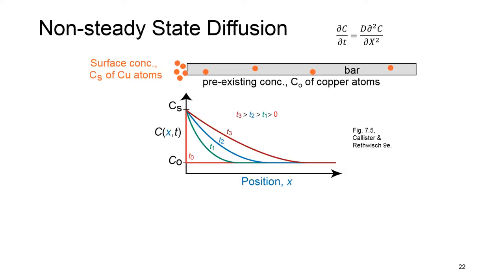In other words, the value of surface concentration is constant at x equal to 0, and of course for x equal to infinity, regardless of the time, the value of C is again equal to the pre-existing concentration. So these are the boundary conditions that can be used for the solution of non-steady state diffusion.